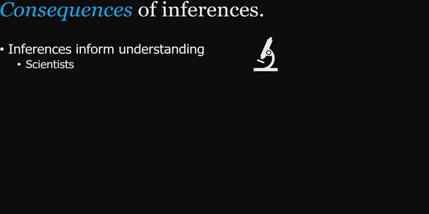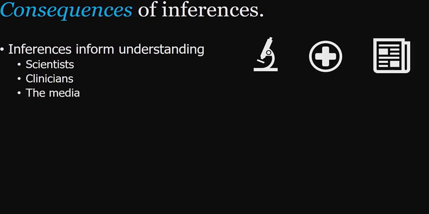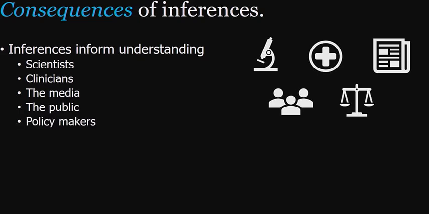However, we're incentivized to really talk up mean differences and maybe give them undue importance in order to make our publications seem less complicated and have greater clarity. But also these inferences go beyond the scientific realm. They influence clinicians. They certainly influence the media. They influence the public, and they influence the policymakers. So decisions get made on the basis of some of these inferences, and a lot of the complexity is lost.